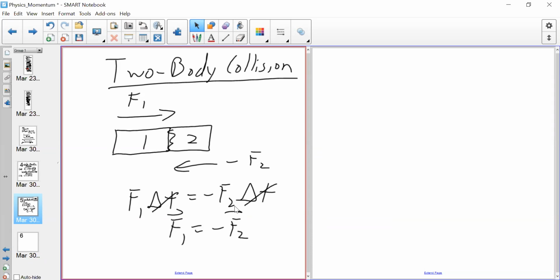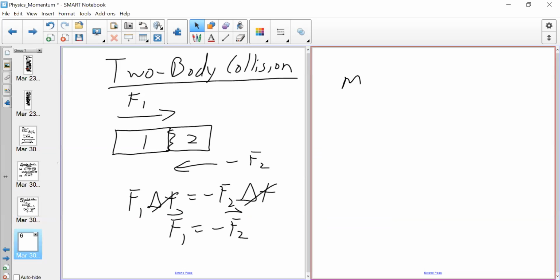We know by Newton's second law that the net force is equal to mass times acceleration: mass 1, A1 equals mass 2, A2, because this is the same equation for the force.